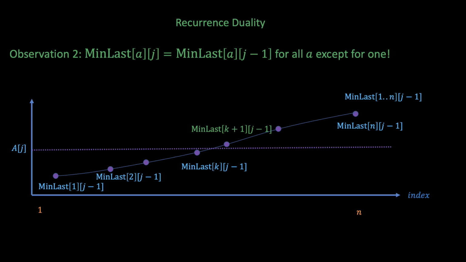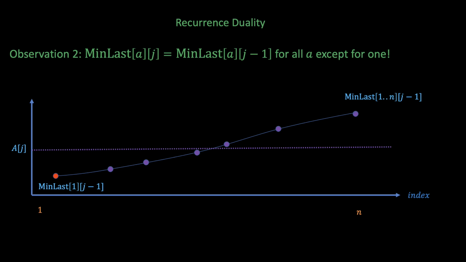Now let's see how the curve changes when we go from column j minus 1 to column j. What about min last 1, j? Well, because min last 1, j minus 1 is less than aj, then we already know that there's a subsequence of length 1 in elements a1 to aj minus 1 with endpoint less than aj.